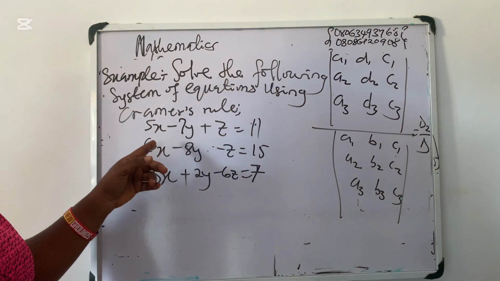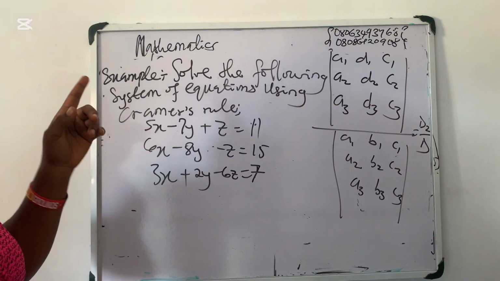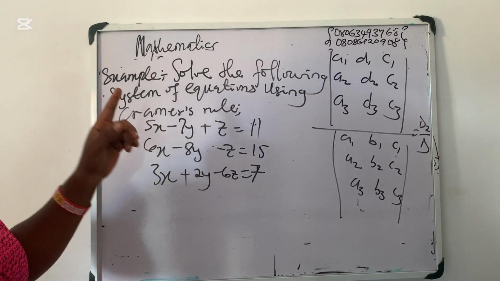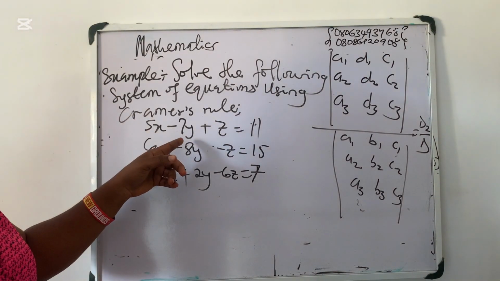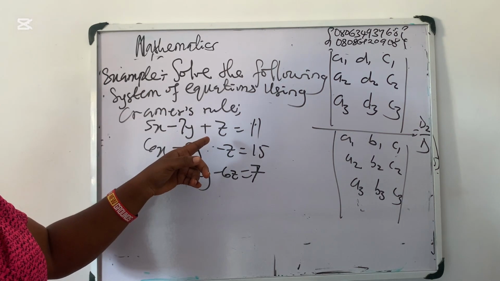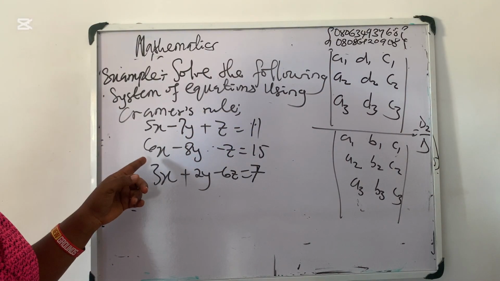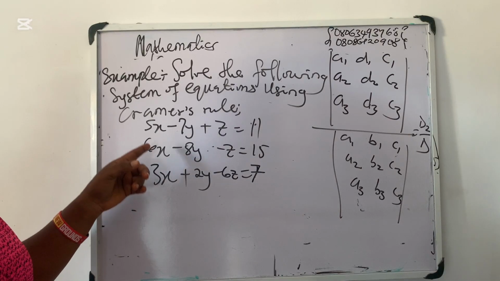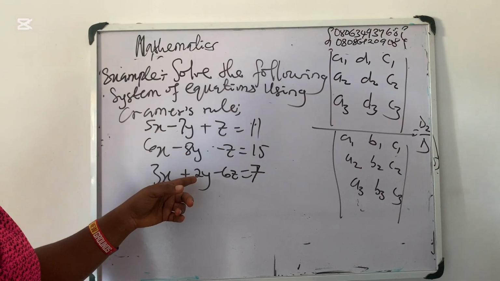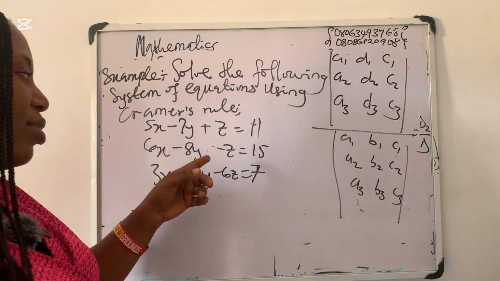By implication, our A1 is 5, B1 is minus 7, and C1 is 1. D1 is 11. Our A2 is 6, our B2 is minus 8, while our C2 is minus 1.